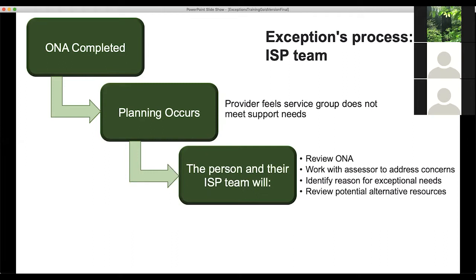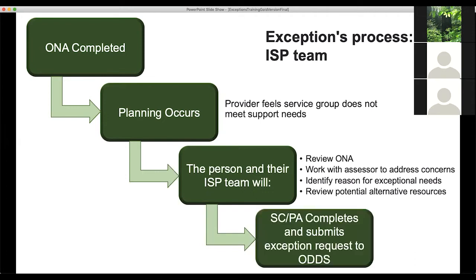What's the reason behind that exceptional need? What are those alternatives? So again, we have the ONA, the planning, and through this we're really reviewing these components and establishing that information. And then, as I said before, that services coordinator or personal agent is going to complete and submit that exception request to ODDS. And we'll talk more about the form in just a little bit.